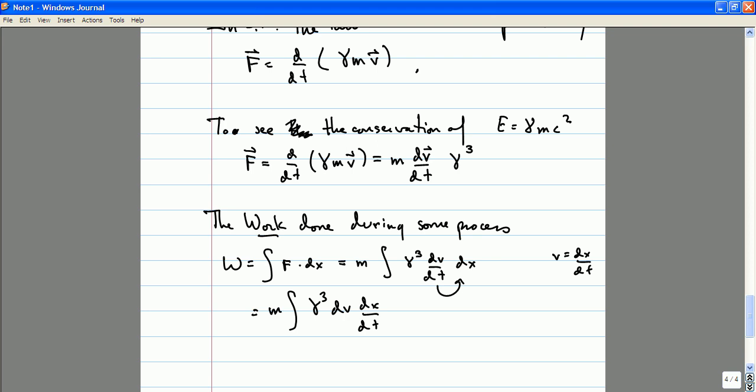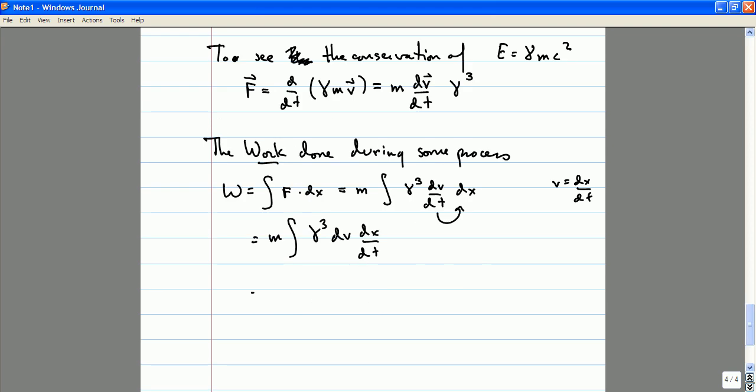So this is otherwise known as the mass times the integral of v over 1 minus v squared over c squared to the 3/2 power, coming from the gamma cubed, dv. And that's an easy integral to do. It's just mc squared divided by the square root of 1 minus v squared over c squared plus a constant. How do I know how to do that integral?